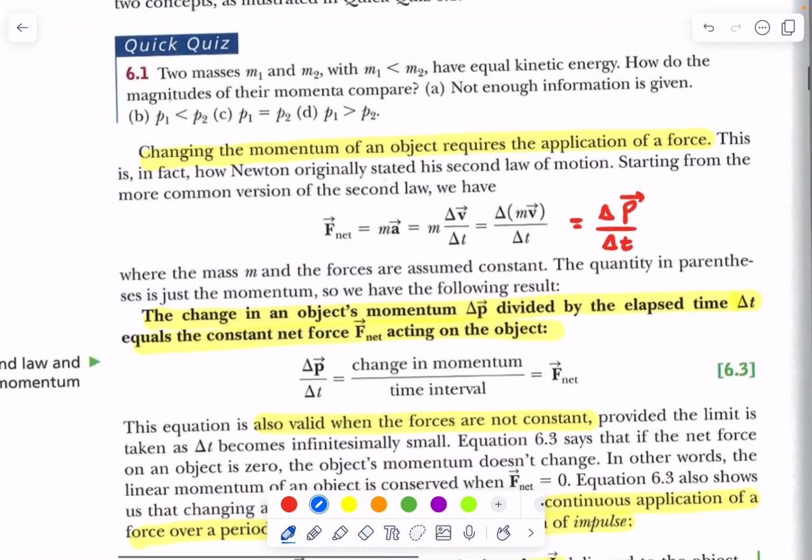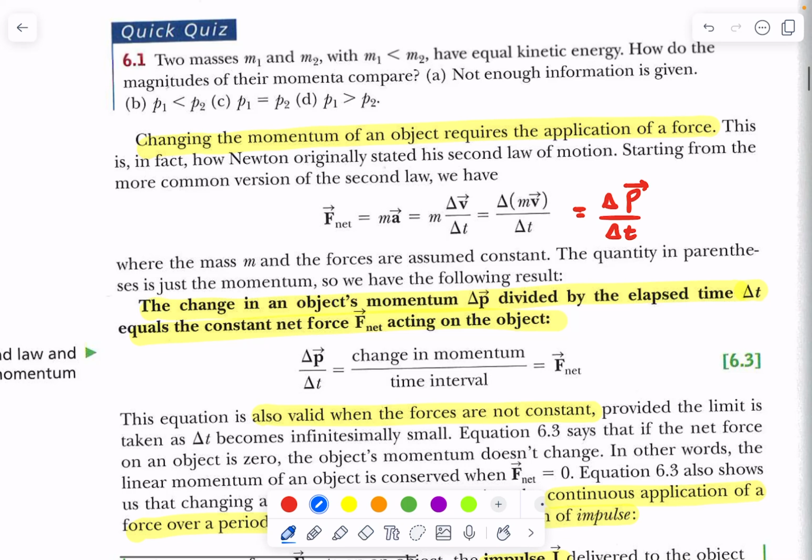Now, another thing about momentum, we know from Newton's second law that force equals mass times acceleration, and acceleration is change in velocity divided by time. And so mass times velocity is momentum, that's the P, and there's my change in time.